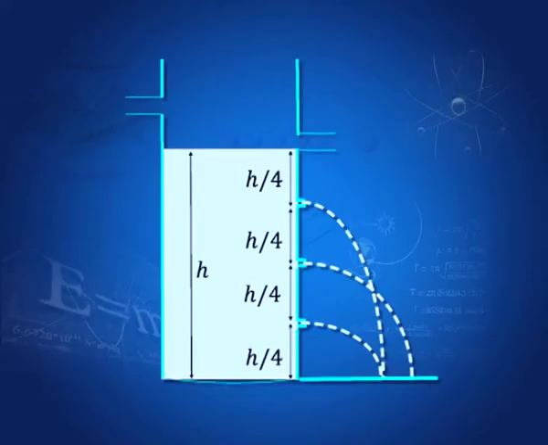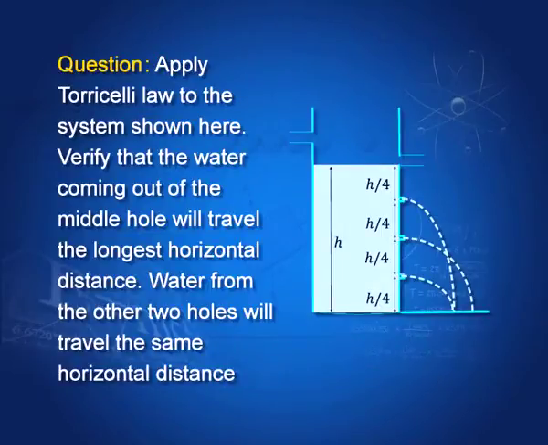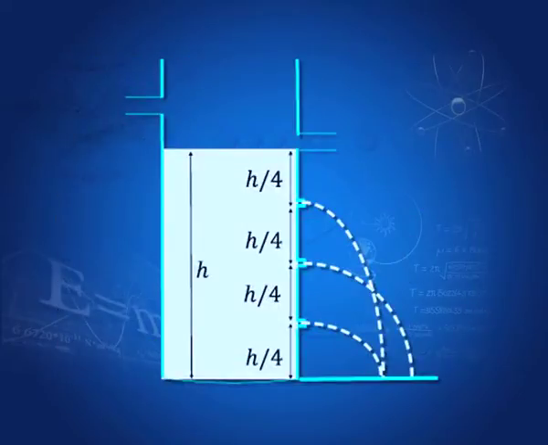So, let us calculate the distance covered by a stream coming out of, say, this hole or this hole or this hole. What is the horizontal distance that the fluid travels? Remember that we are considering the level of the bottom of this vessel at that level.